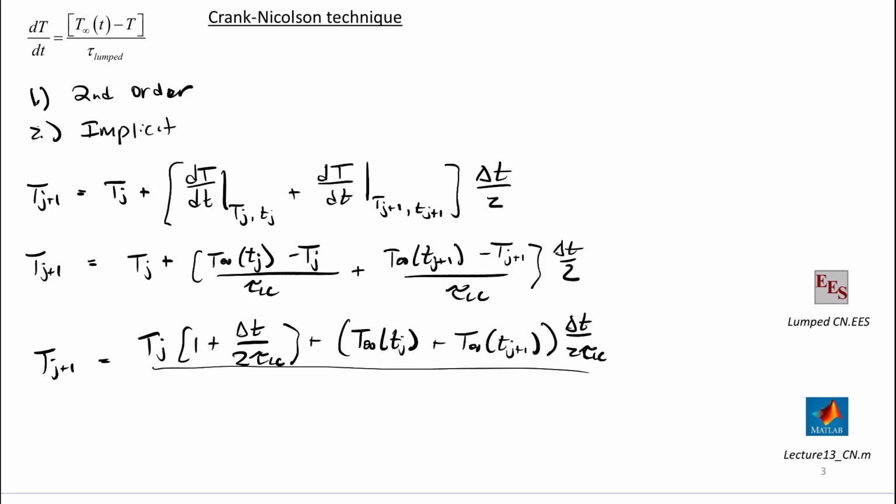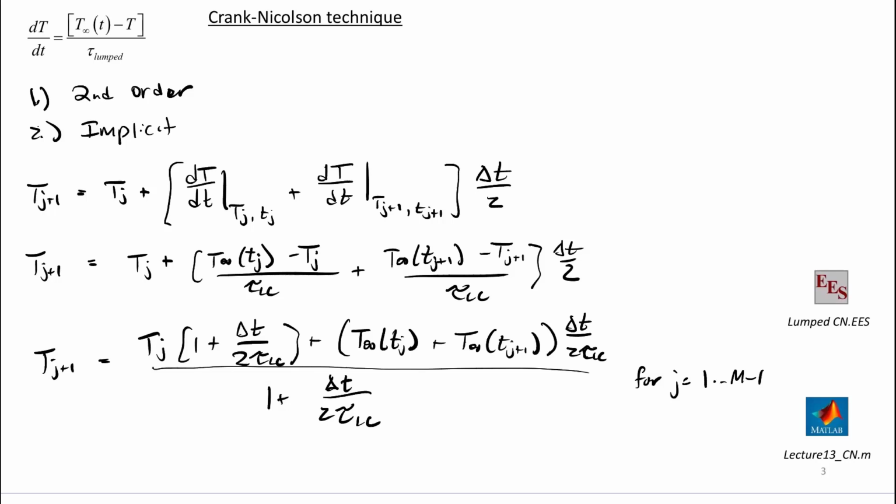All of that divided by 1 plus delta t over 2 tau lumped. Okay, and these are all for j equal to 1 to m minus 1. So that's our explicit relationship there.